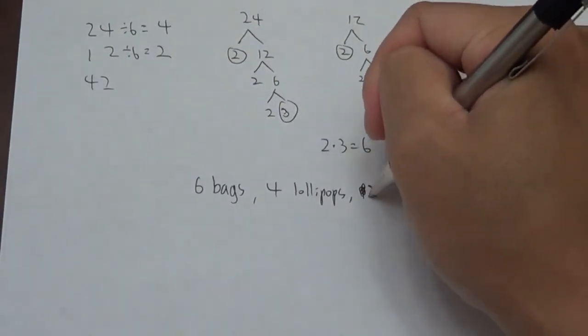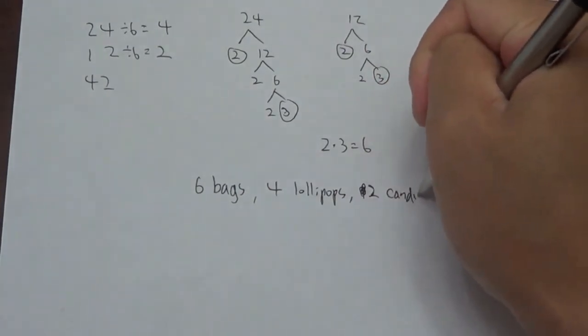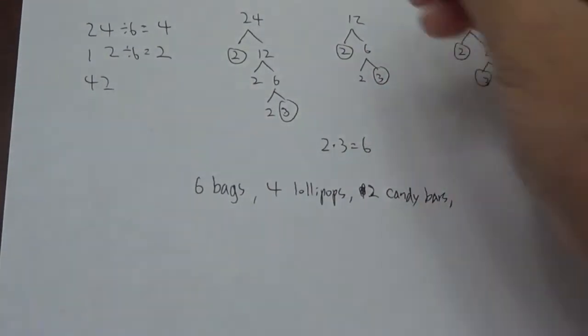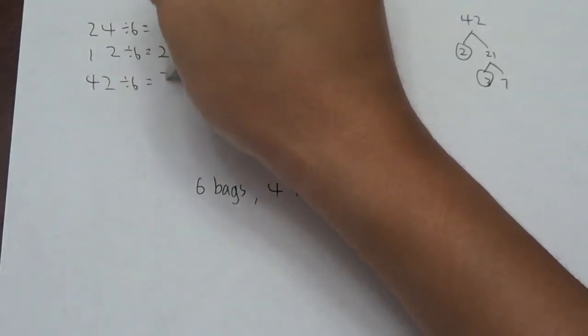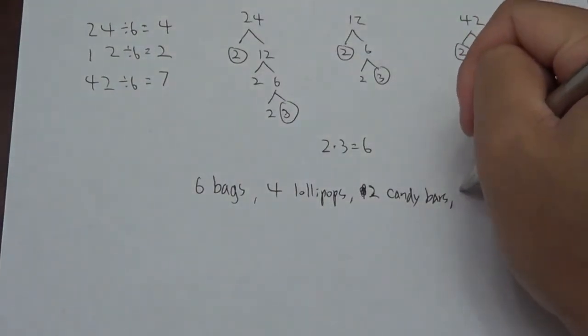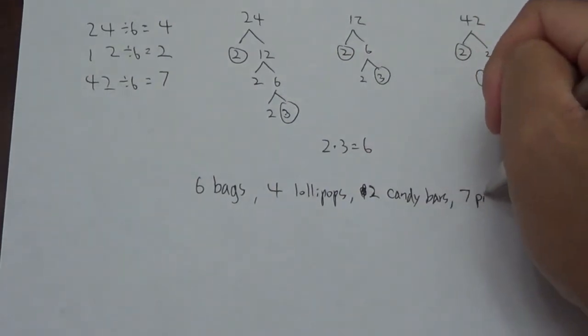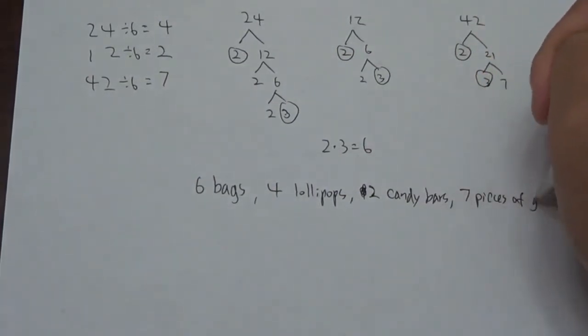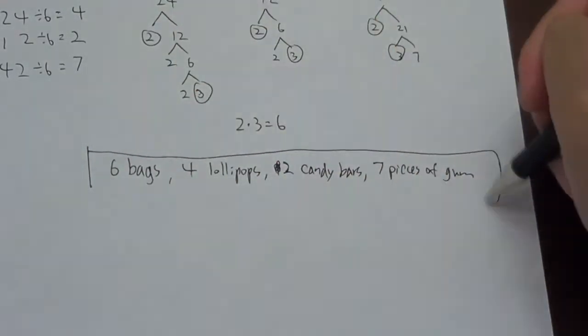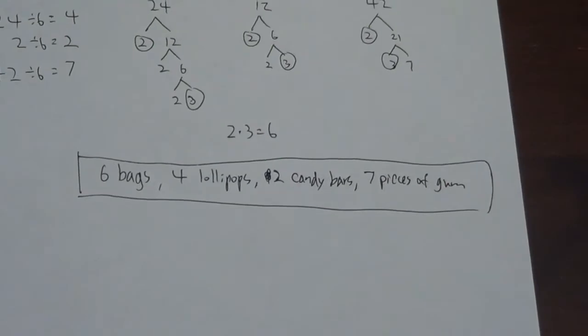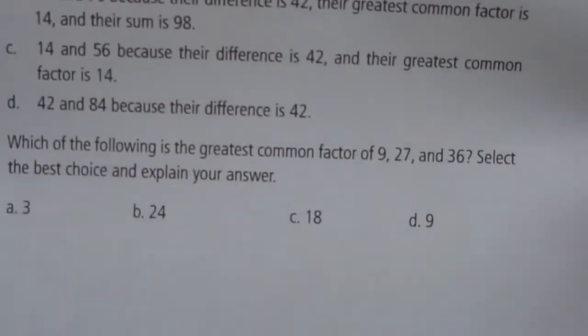Oops. 2 candy bars, and then 42 divided by 6 is 7. That's 7 pieces of gum. Alright, that's your answer.